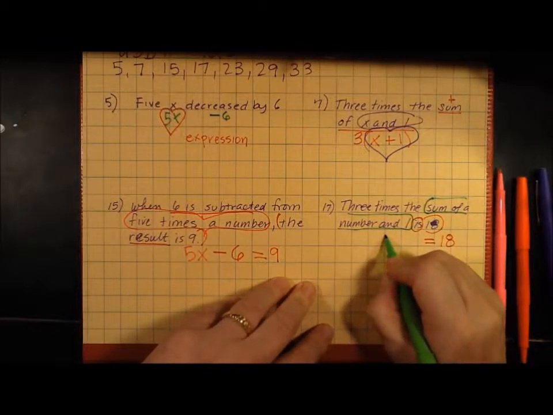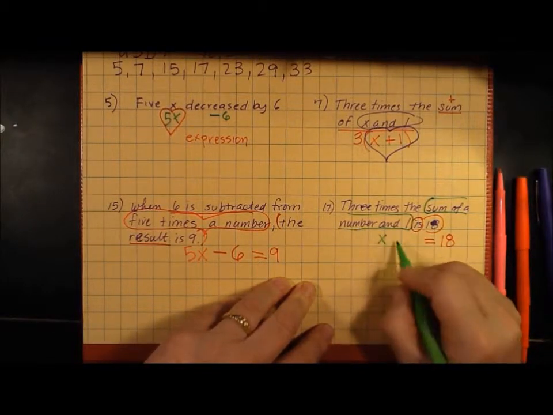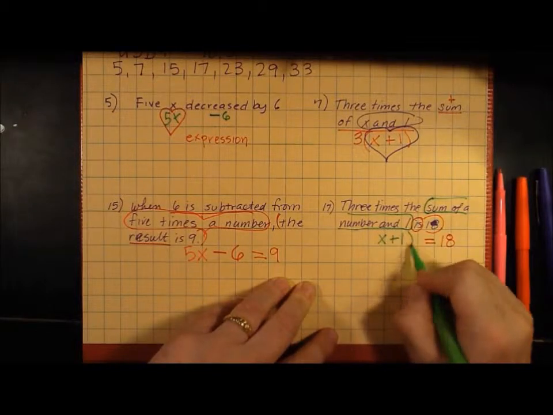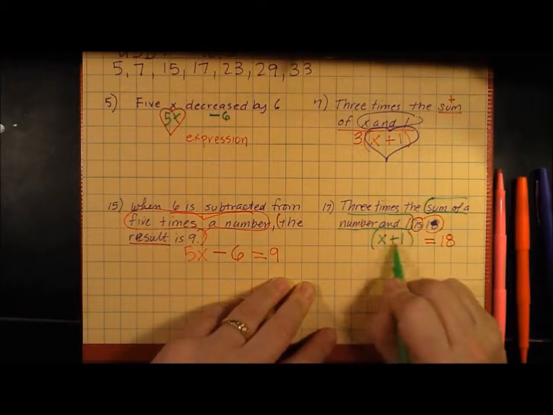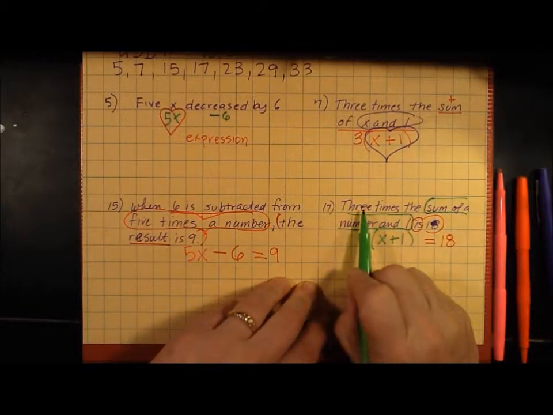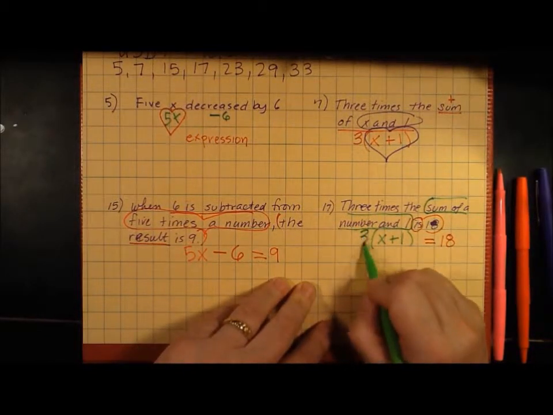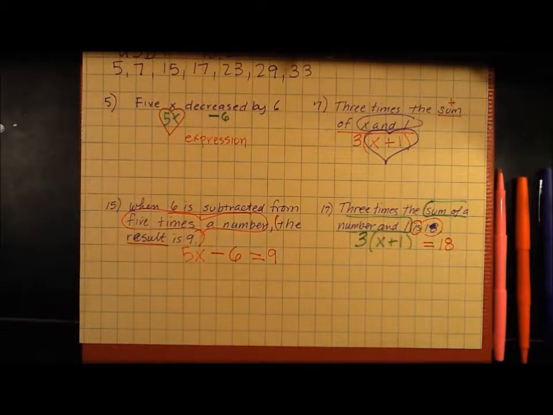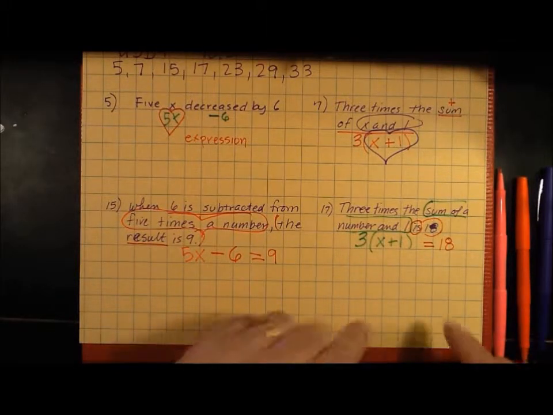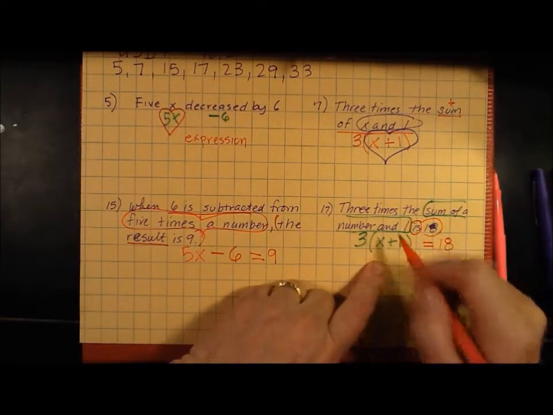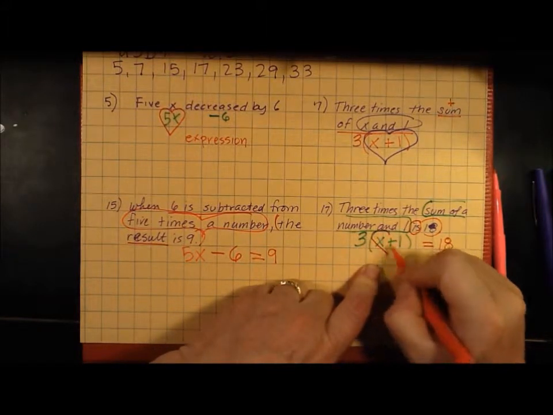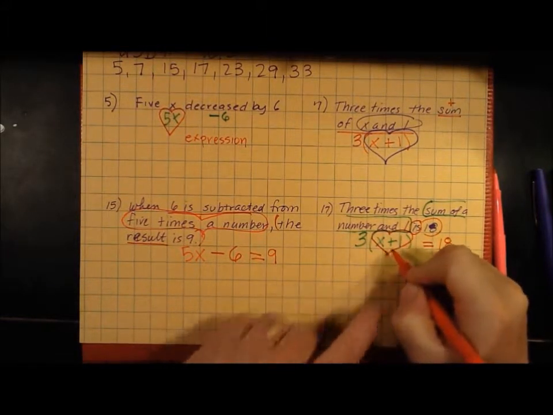So some number plus 1. That's how I would say that. The sum of some number and 1. And then if I look up here, that's 3 times that. So take 3 times x plus 1 equals 18. And again, the heart of this problem is the x plus 1.